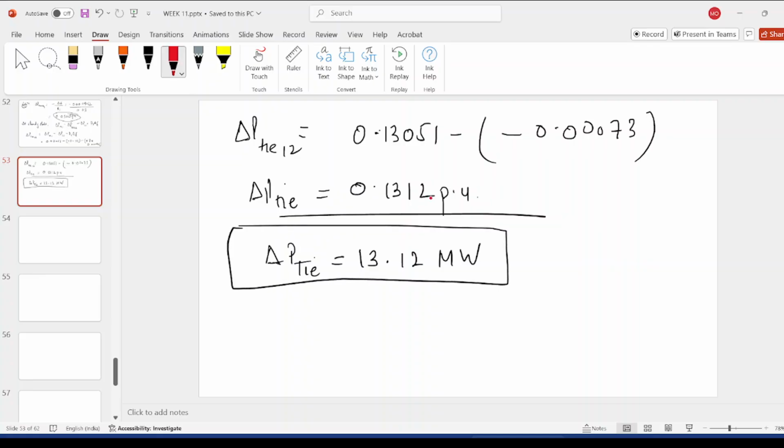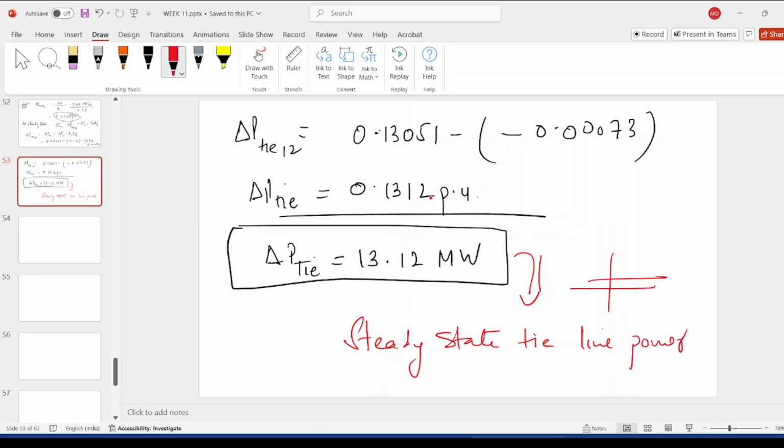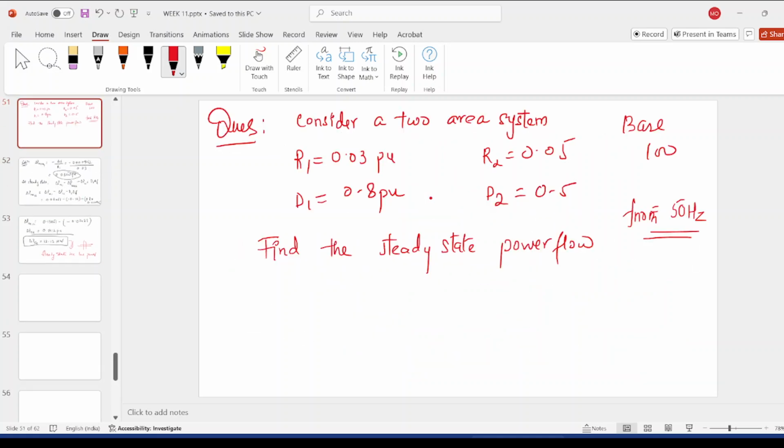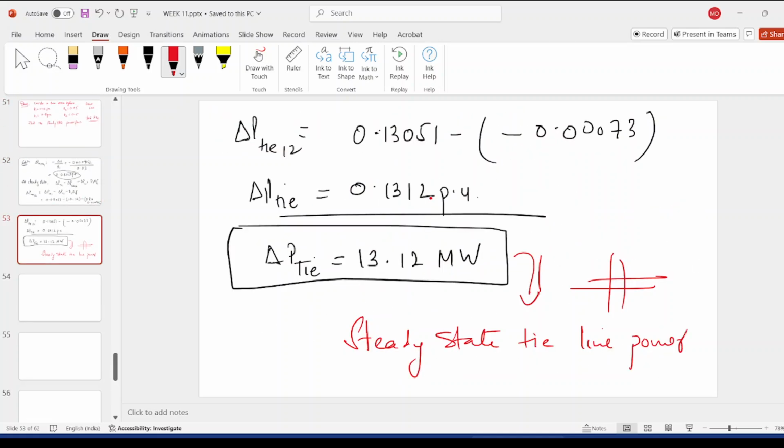So this is the steady state tie line power. Hope you have understood the concept and how we can proceed in any other question. So this is the final answer.